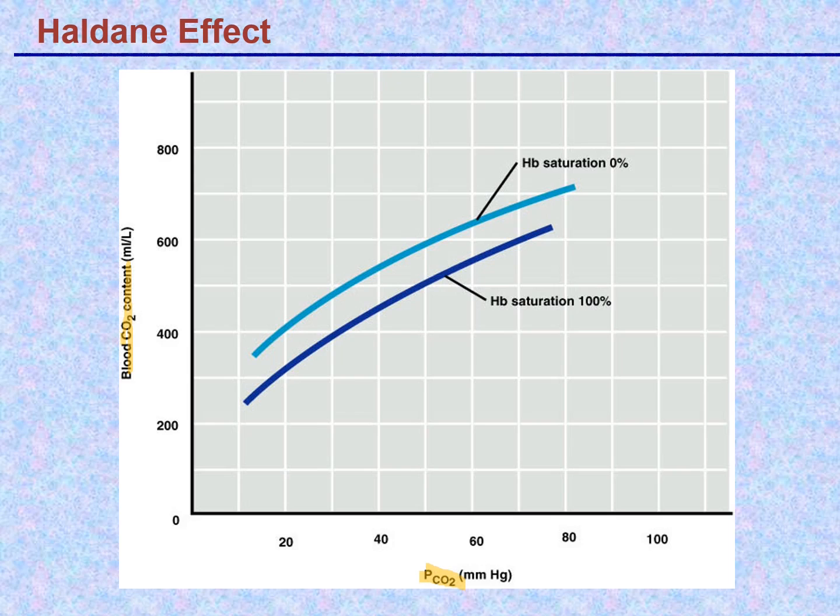So with a high oxygen saturation, in this case, the blood CO2 content rises as the PCO2 is rising. Okay, so as you're going in this direction, PCO2 is rising. There's more CO2 in the blood.